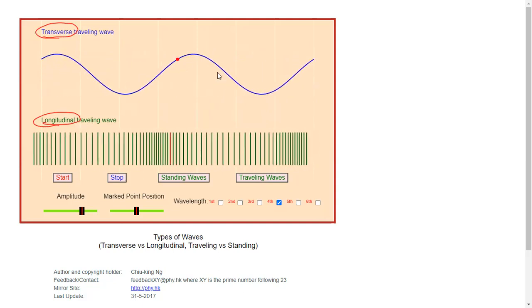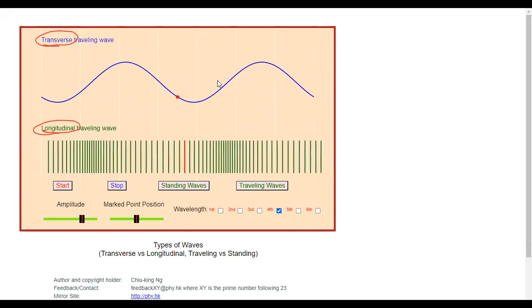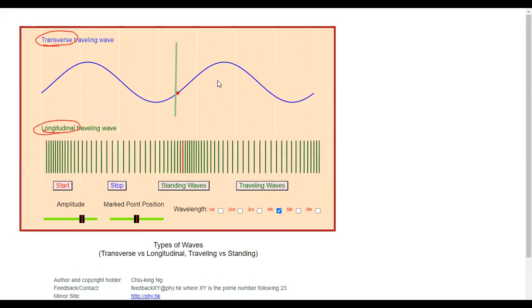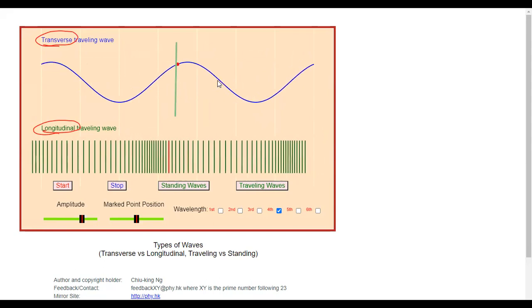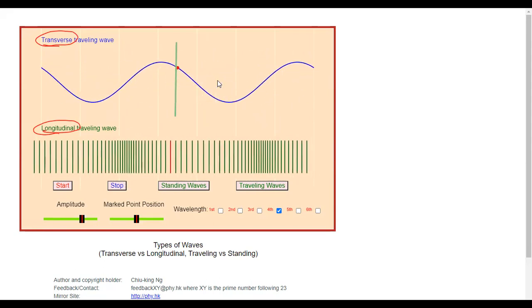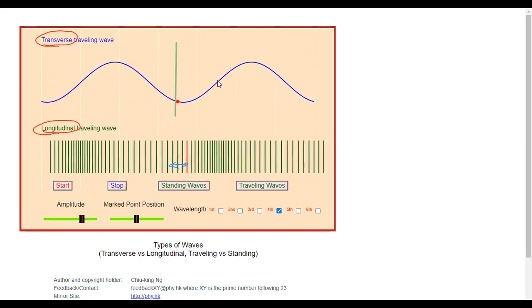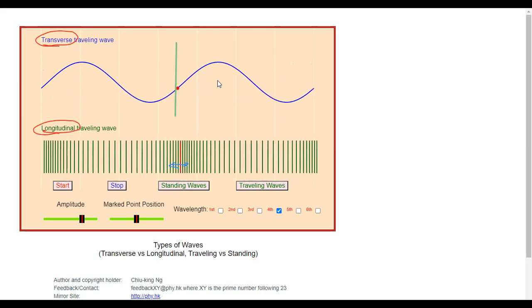Ultimately, with transverse waves, their particles are moving up and down as the wave moves across. Now, with your longitudinal waves, they're moving left and right, in this case, along with the wave.